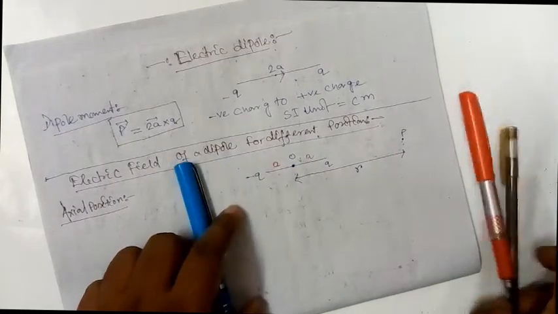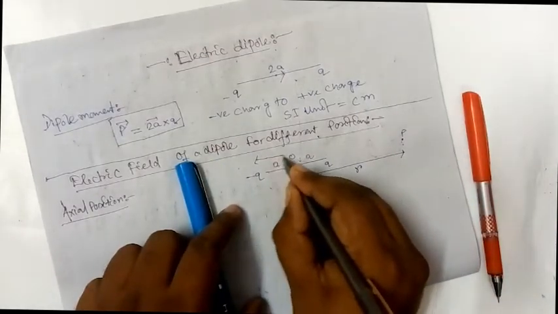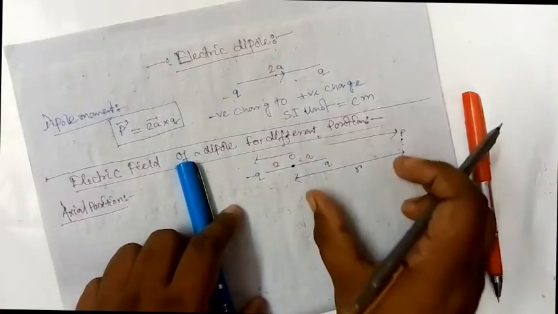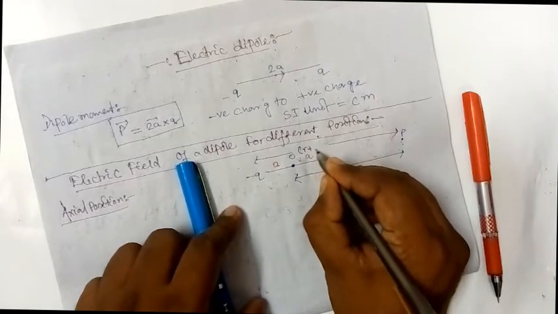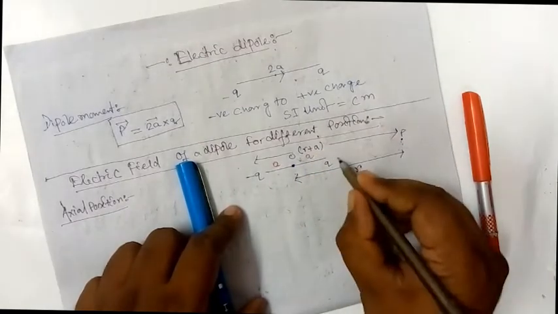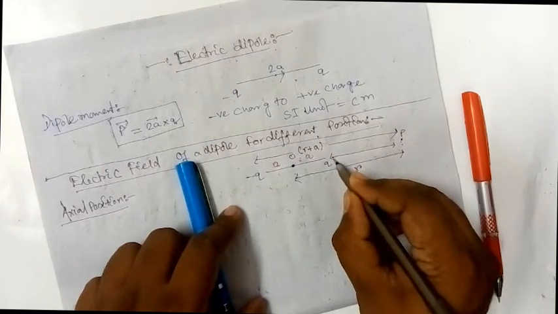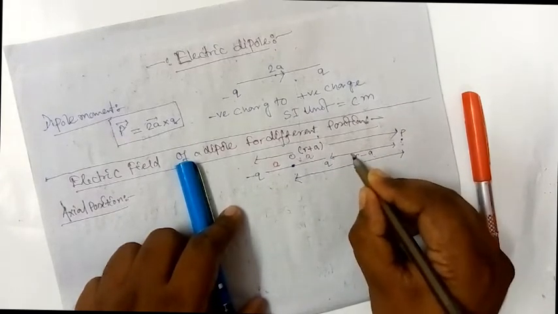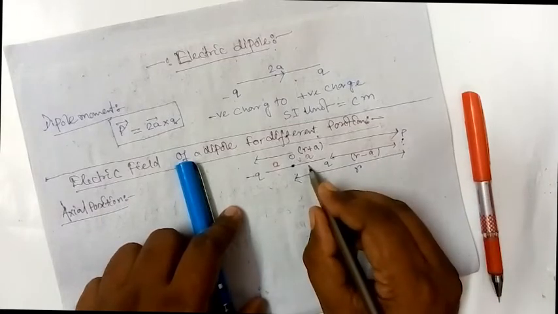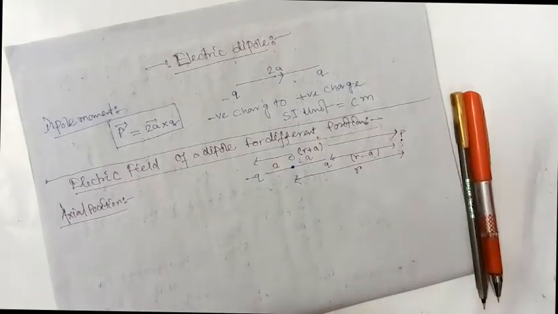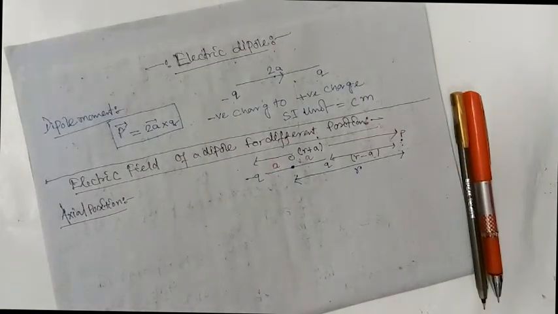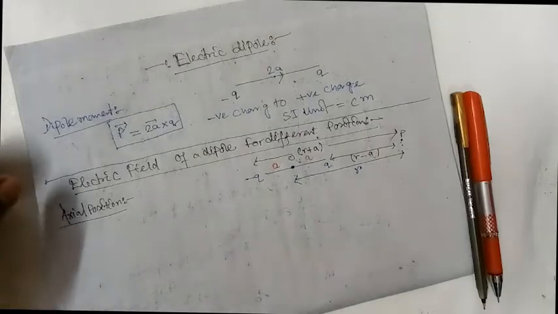From minus Q, you see the whole distance, this is R and this is A. So we can write it is R plus A. And from plus Q, this distance is R minus A, because this one is R and this is A. So as we have got the distances, we have to find the electric fields separately, and after finding them, we add them and then we get the resultant electric field here.